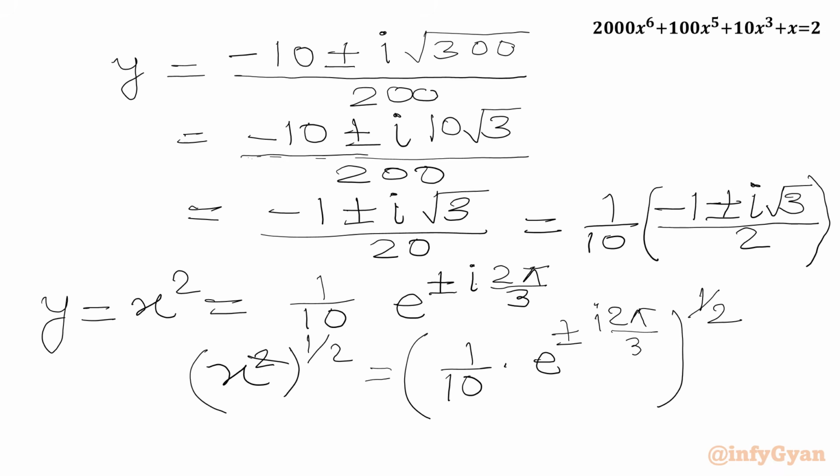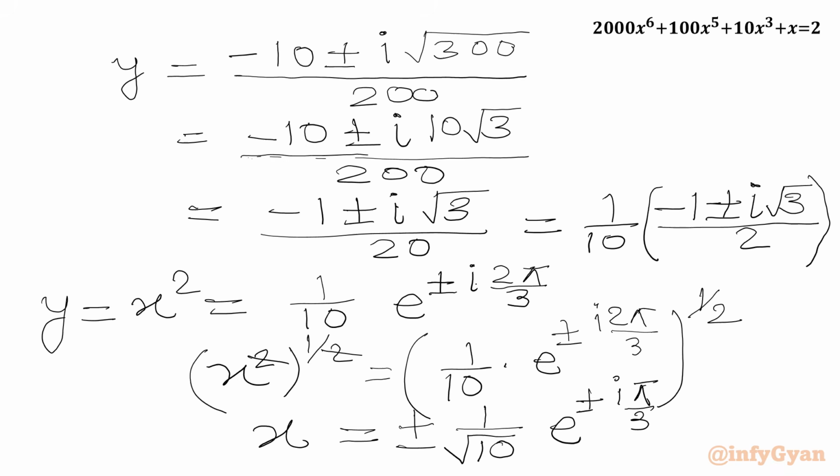So in the LHS, 2 and denominator 2 will get cancelled out. We will write x only. We have to put a plus minus sign over there. Then we can write 1/√10, and the numerator 2 with the e exponent and denominator 2 will get cancelled out. I will write e^(±iπ/3).